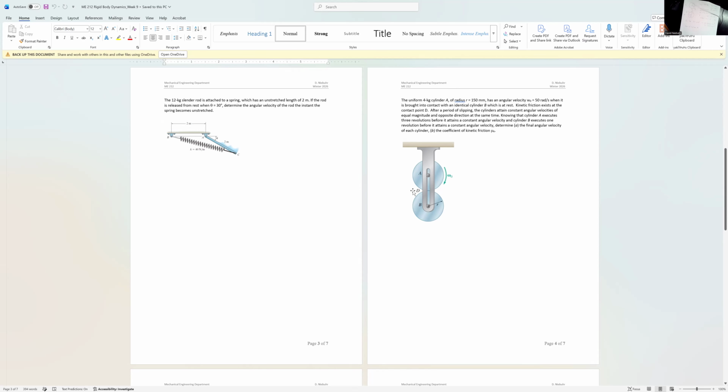So the only force really at play here is the friction force, which is creating a moment about A and about B. So that's how we're going to treat that. This is again a simple energy problem, so let's go ahead and set it up. Try as much as you can, and if you can't, then look at what I've done.